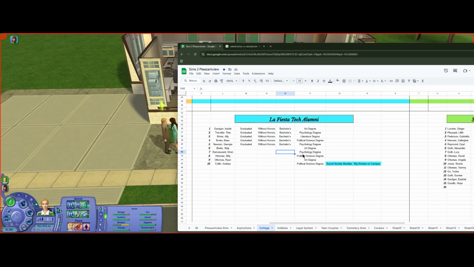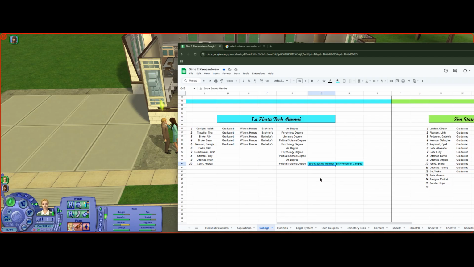But yeah. And I also wanted to add a little tidbit here for when I play so I can know exactly what's happening. So with Andrea here, she actually became a secret society member, and she became a big woman on campus.